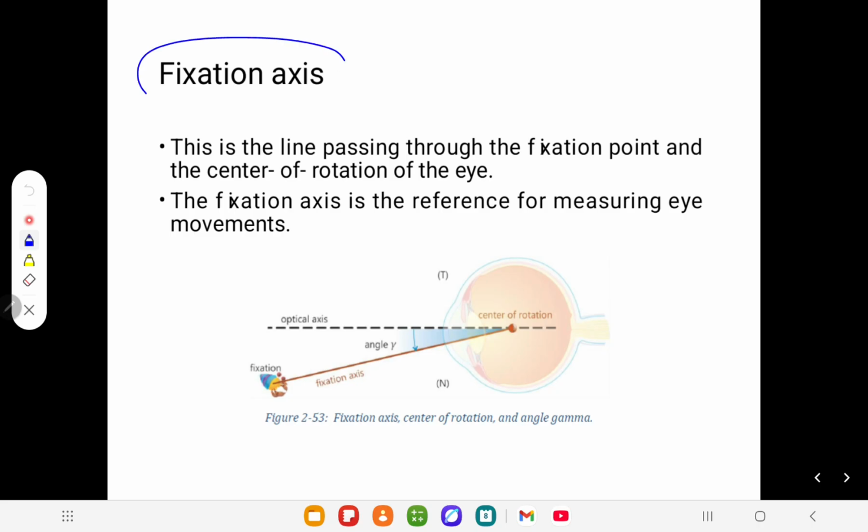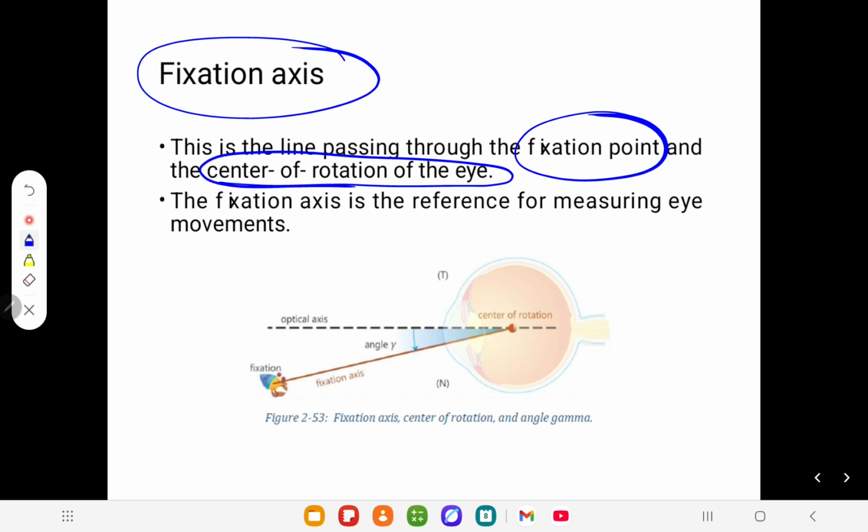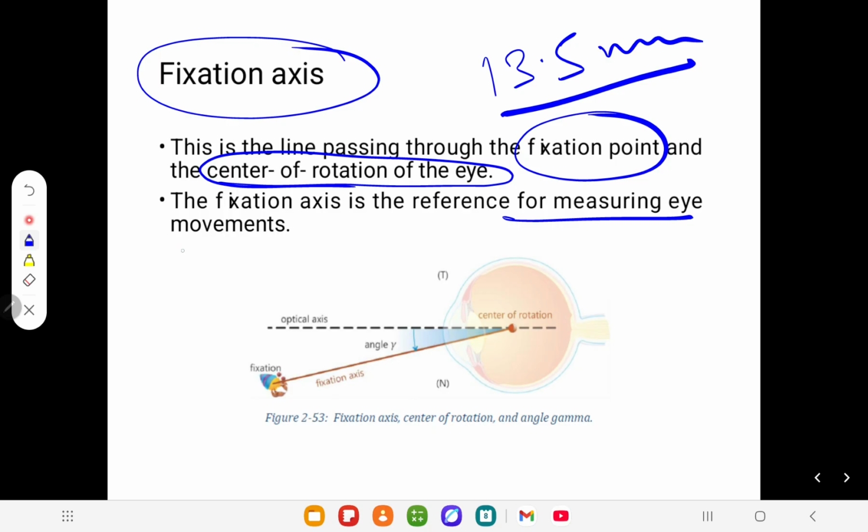So the fixation axis definitely comes from the fixation point, and then where it goes matters. This is the line passing from the fixation point to the center of rotation of the eye. As I have already discussed, the center of rotation of the eye is usually 13.5 mm behind the cornea. So the fixation axis is a reference for measuring eye movement. Just look at a visual perception book or Adler's Physiology book, the eye motion chapter, and you will find the fixation axis a lot.